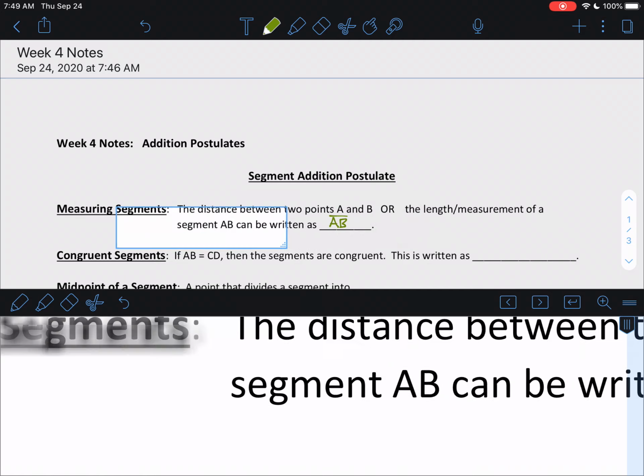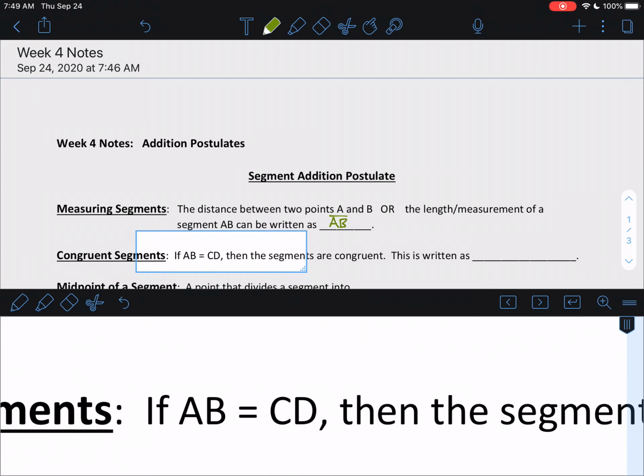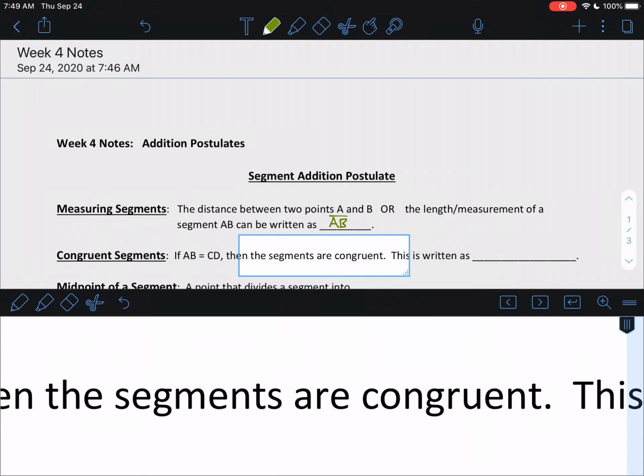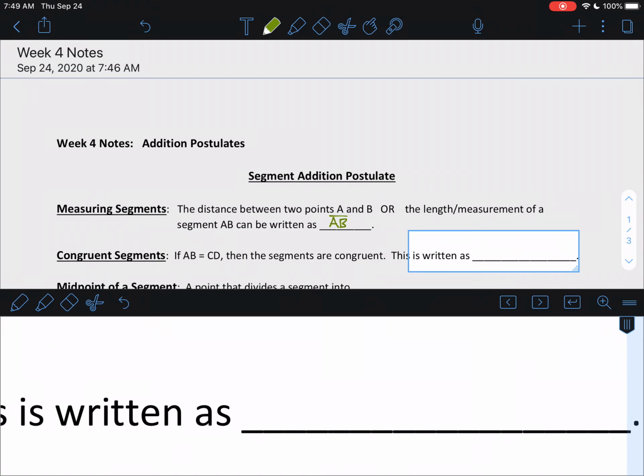So congruent segments: if AB equals CD, then the segments are congruent. This would be written as AB, and it's a segment, and then we're going to say equals, but to denote that the segments are congruent, we're going to put a little wavy thing over top of the equal sign.